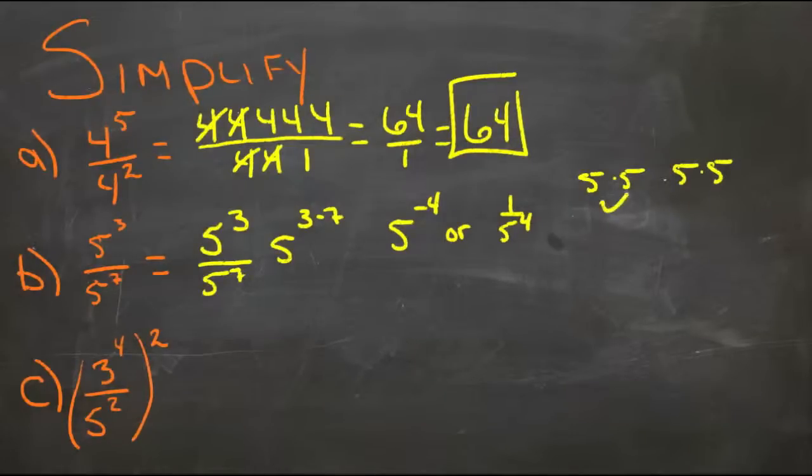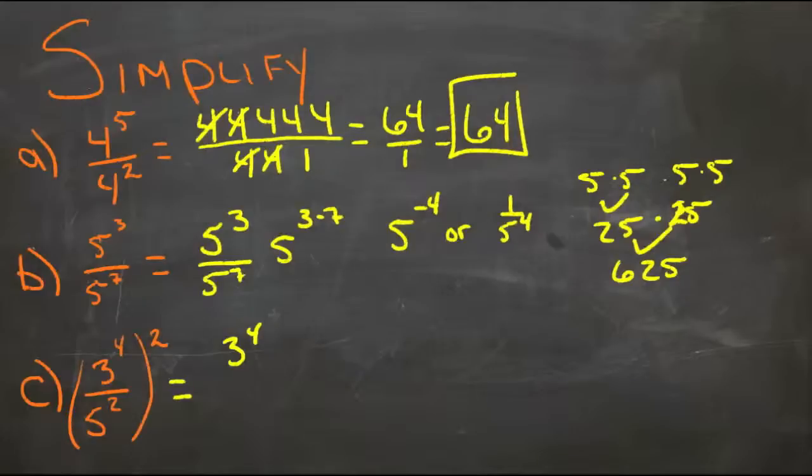So 5 times 5 is 25, times 5 times 5, which is 25 again. 25 times 25 is 625.